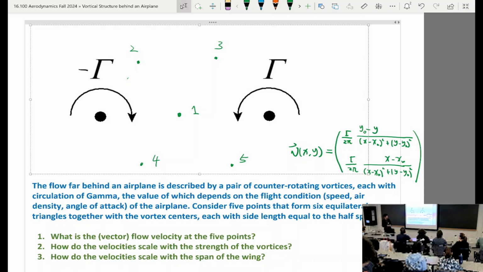The circulation of a vortex is what you get if you integrate the velocity over a circle around the vortex. Integrating a velocity along a curve of length 2 pi r has a unit of velocity times length.